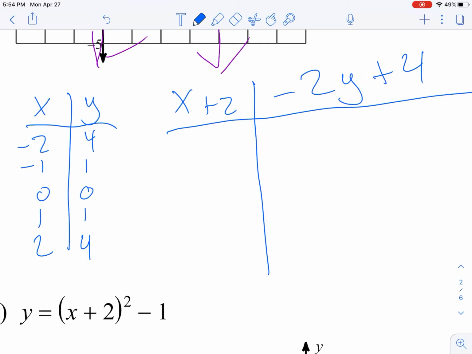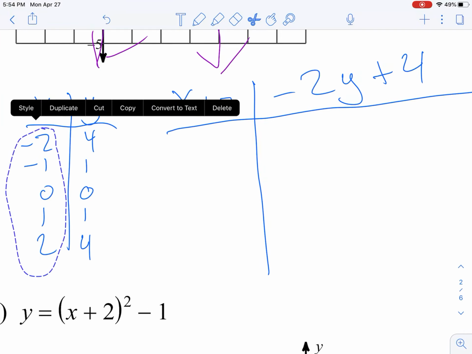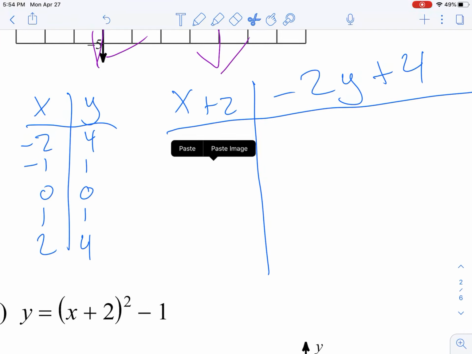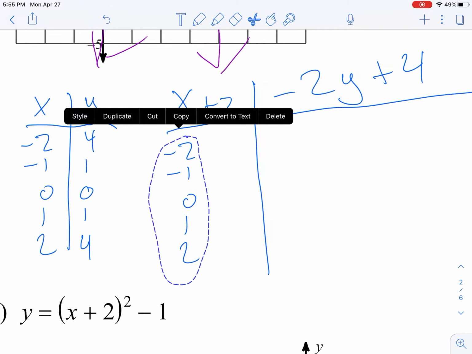So I'm saying, actually, let me do it this way, and you can see it. I'm going to copy this and paste it over here. That's my X values.